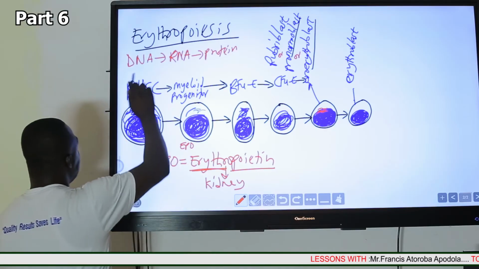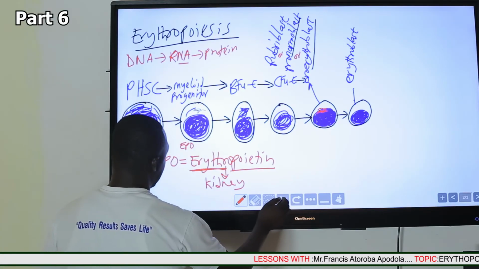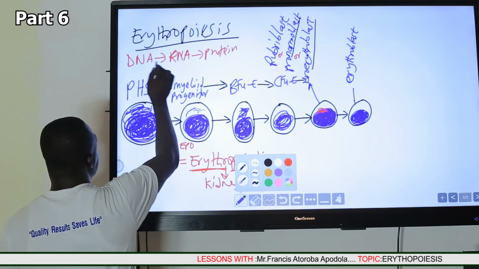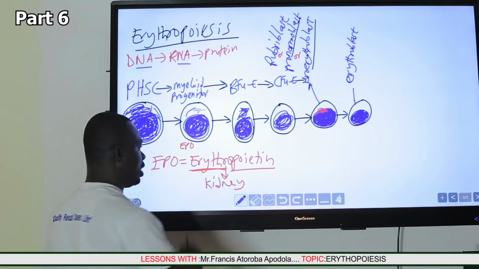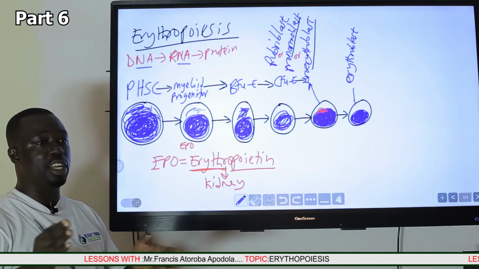Now, DNA is a nucleic acid, and RNA is also a nucleic acid. So you see both of them are nucleic acids. In other words, they speak the same language, the language of nucleic acid.